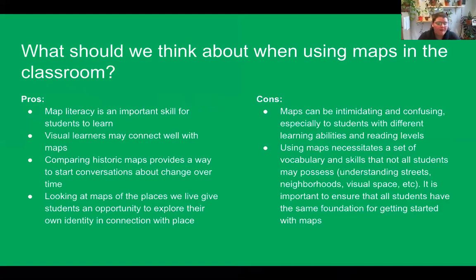Visual learners may connect with maps. Comparing historic maps provides a way to start that conversation about change over time, what was happening. And last but not least, looking at maps of places that we live in gives students an opportunity to explore their own identity and connection with a place, which again is wonderful, right?